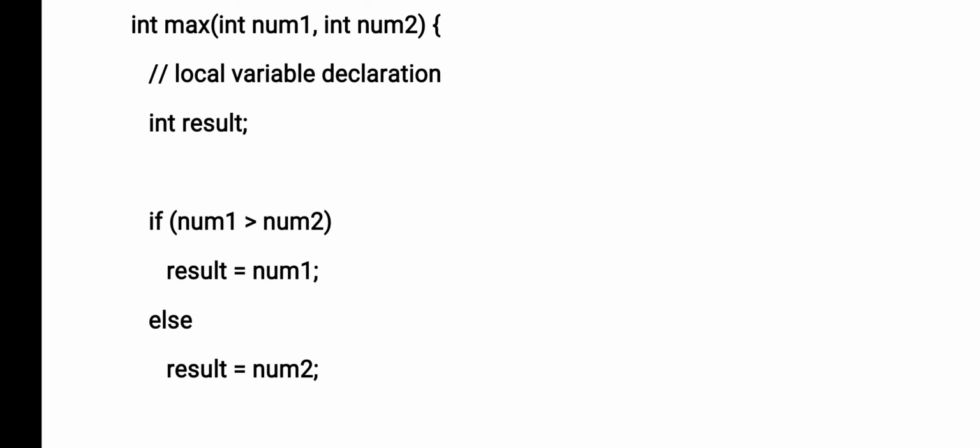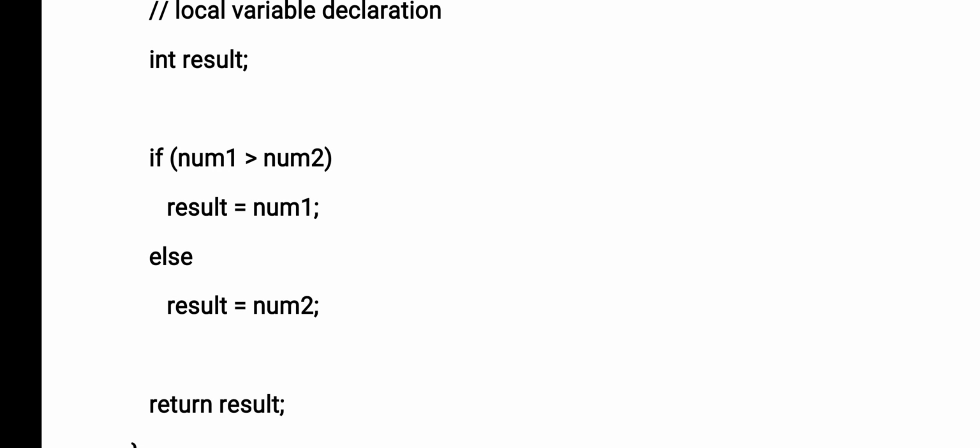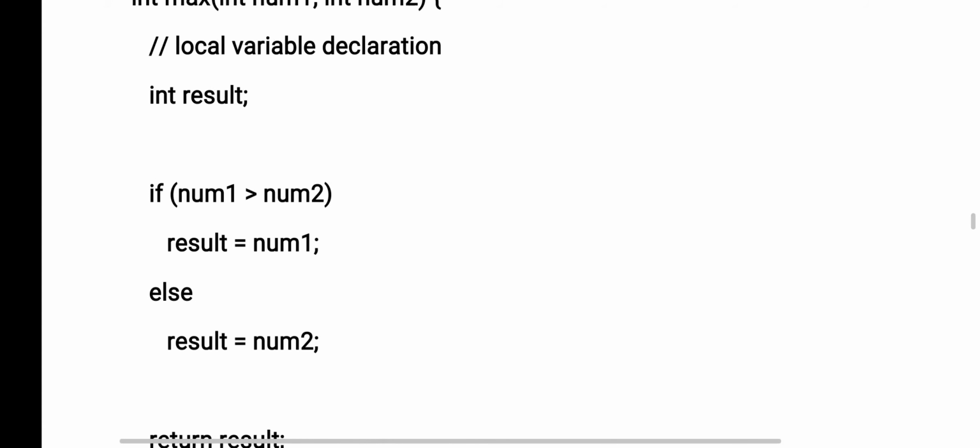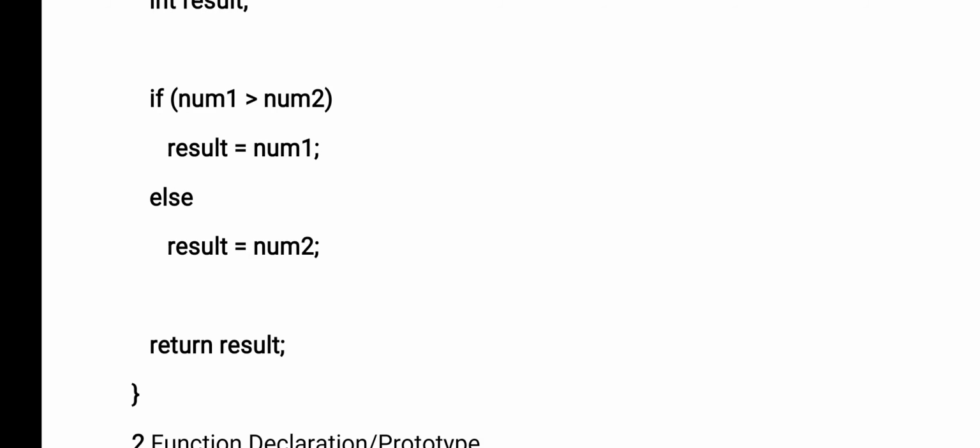Inside the function you can declare more variables according to the function purpose, and whatever variables you have declared inside the function are called local variables. Now you see the purpose of the function. In the function body, I have given: if number1 is greater than number2, result equals number1, else result equals number2.